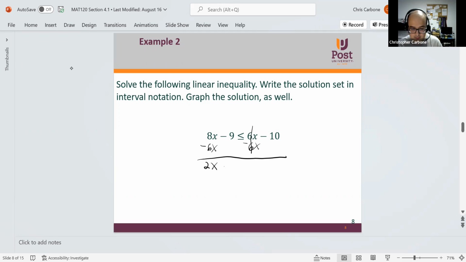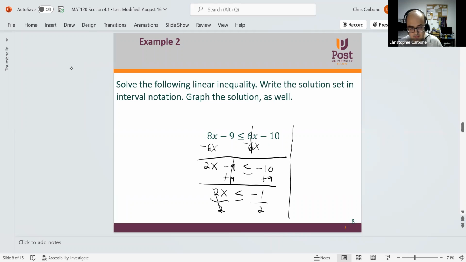We have 2x minus 9 is less than or equal to negative 10. Then adding 9 to both sides. Again, these cancel. We get 2x is less than or equal to negative 1. And then finally divide by 2. These cancel. And we are left with x is less than or equal to negative 1/2.